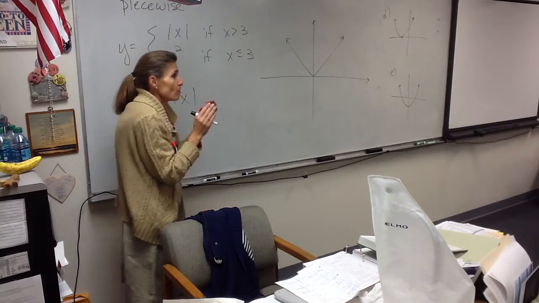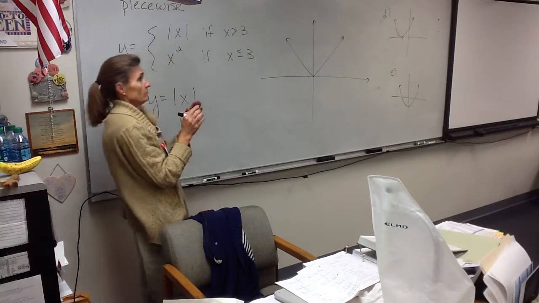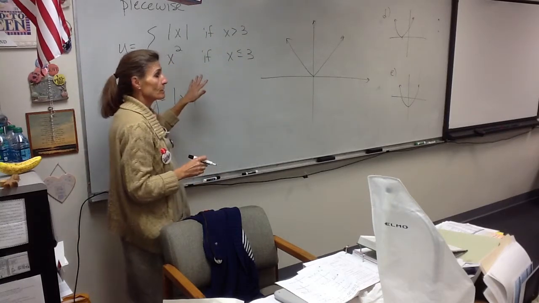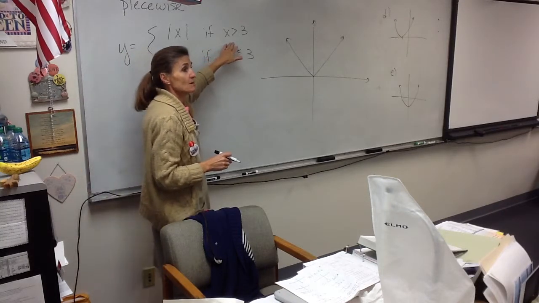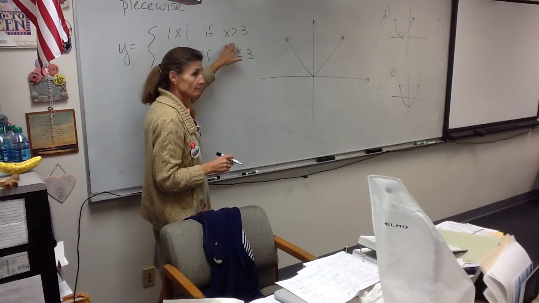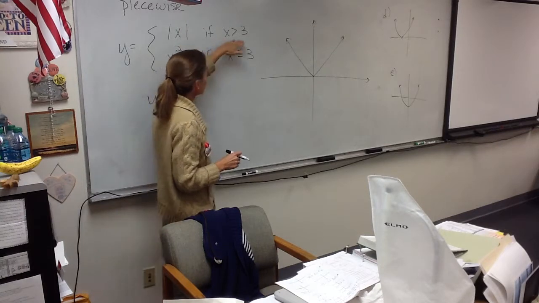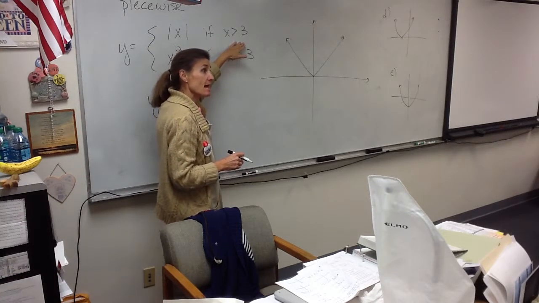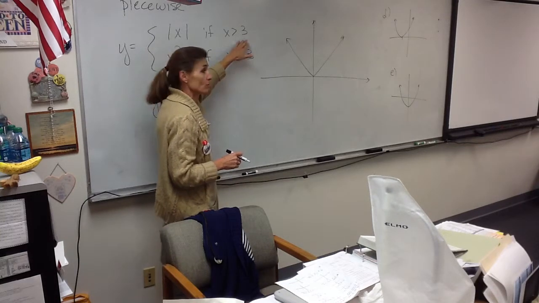Now, here's the problem. I'm not supposed to sketch the whole V. They tell me that I'm only to sketch the part of the V that has x coordinates bigger than 3.